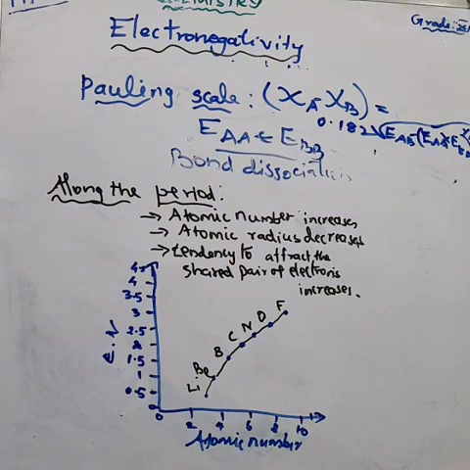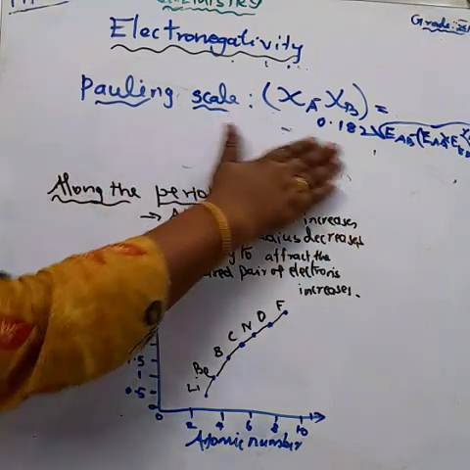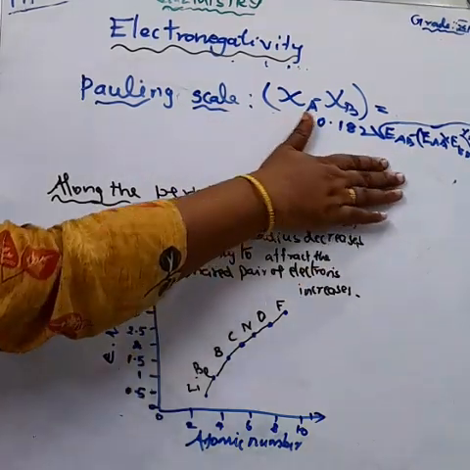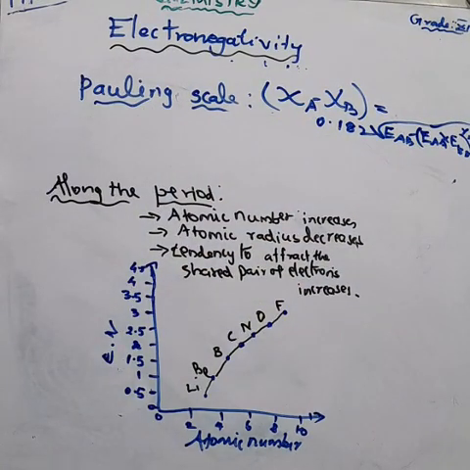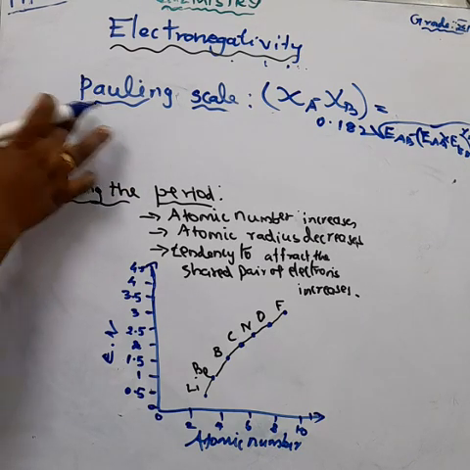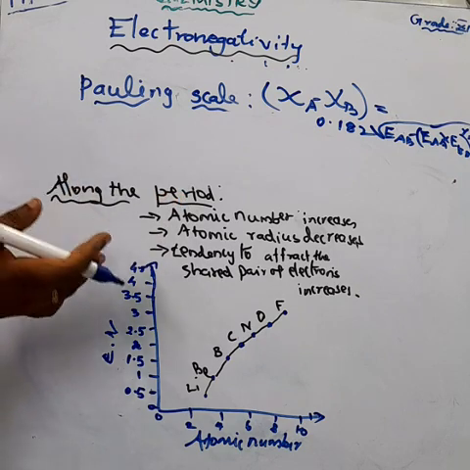Okay, understood. These are about electronegativity. The electronegativity of any given element is not constant, and its value depends upon the element to which it is covalently bonded. Certain values are given to all elements, but it's not a constant value.